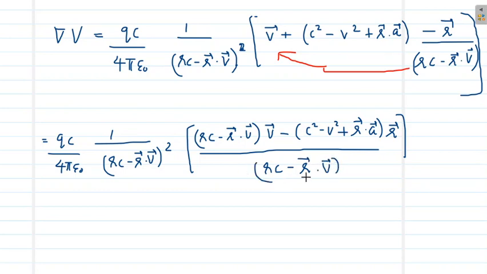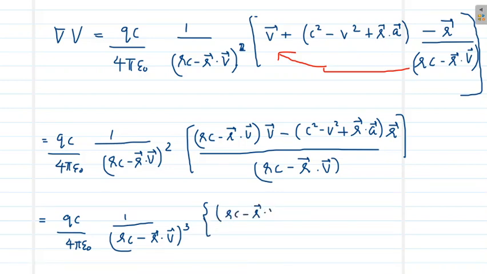So we can take this rc minus r bar dot v bar as a common term outside. So this is equal to qc by 4 pi epsilon 0 into 1 by rc minus r bar dot v bar the whole cube into rc minus r bar dot v bar into v bar minus c square minus v square plus r bar dot a bar into r bar. So this is the expression for del v.